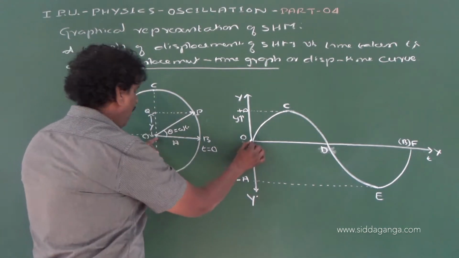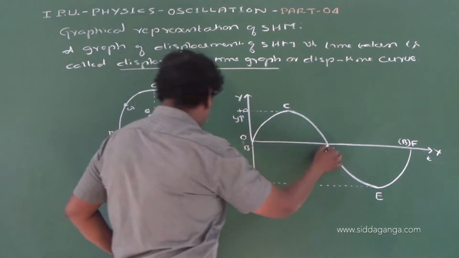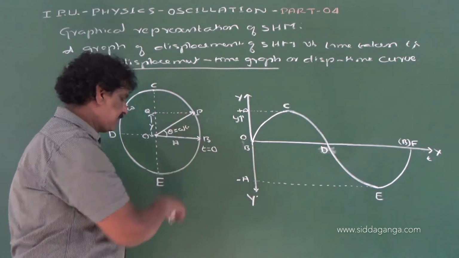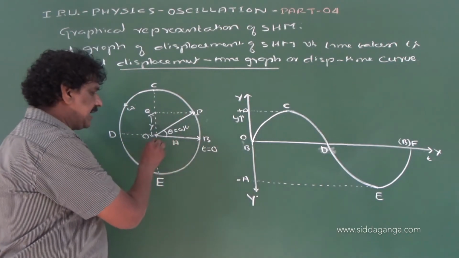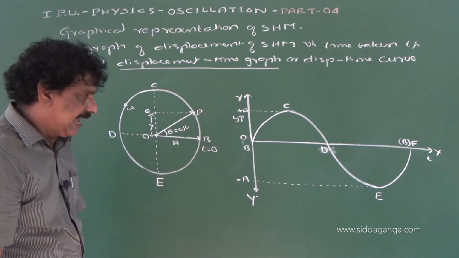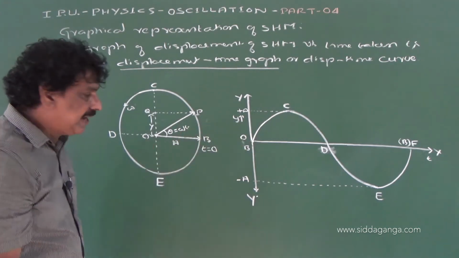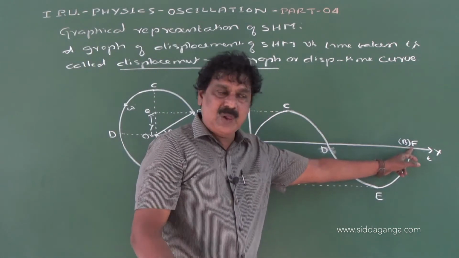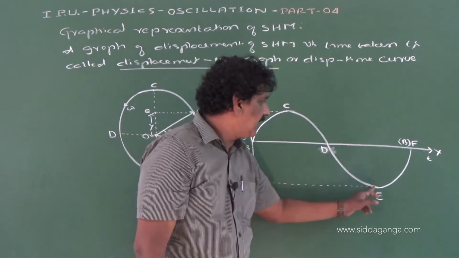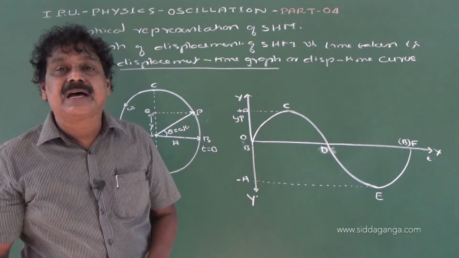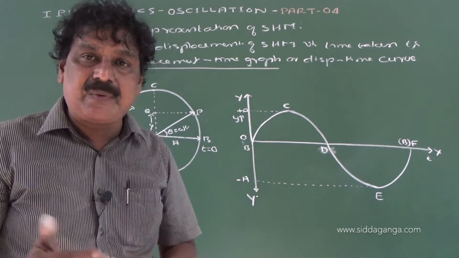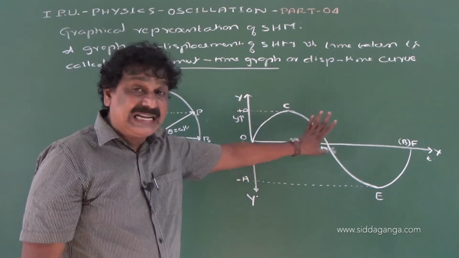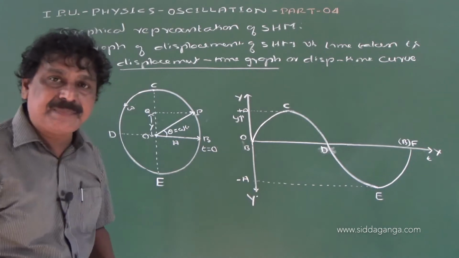We have O, C, D, B. So for that matter, I can take this as F. F means O again here. In the graph, I have taken F. So this curve O, C, D, E, B or O, C, D, E, F represents a displacement time curve, and it is called the displacement time graph.